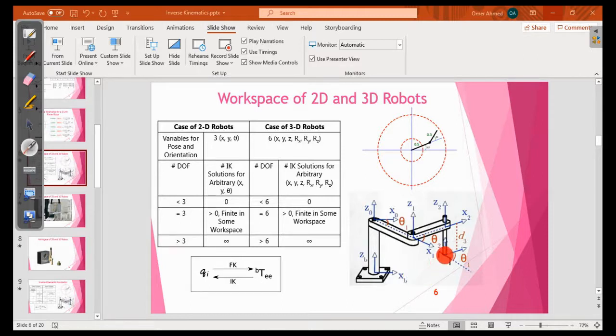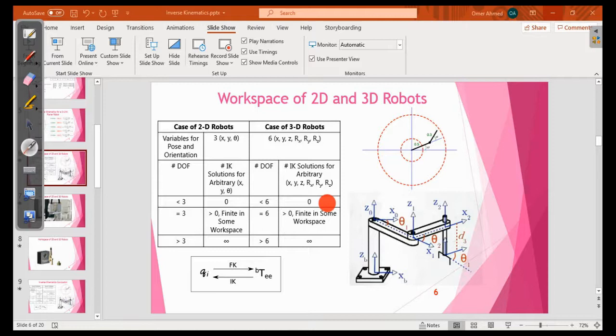For example, it cannot point towards us coming out of the board. Okay, it can only point down because it's a 4 degree of freedom robot, and there is no workspace where arbitrary position, arbitrary pose can be achieved.